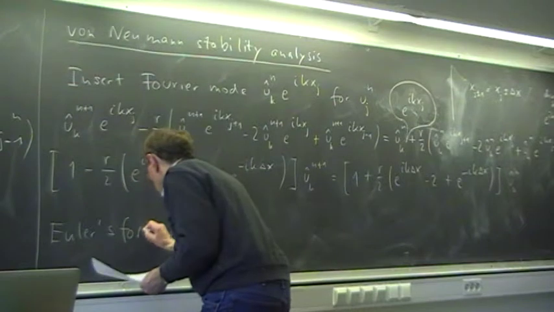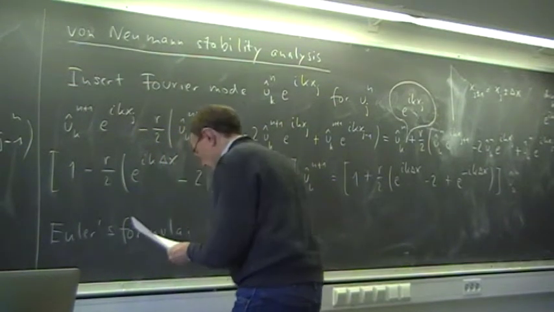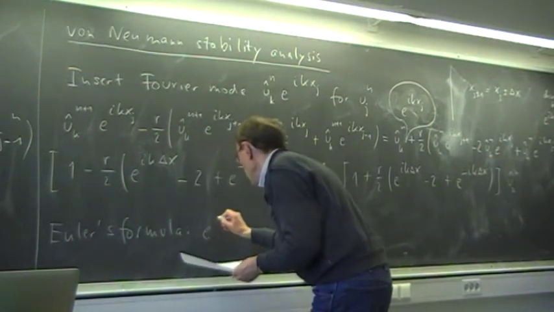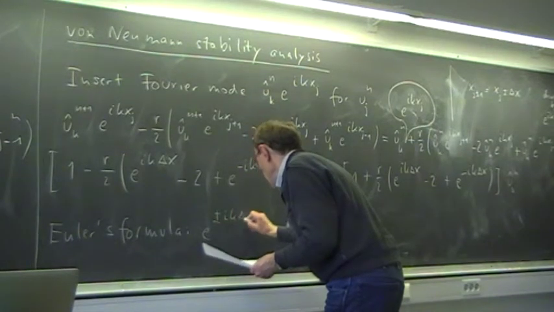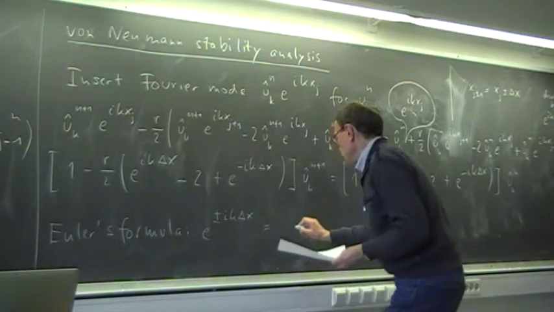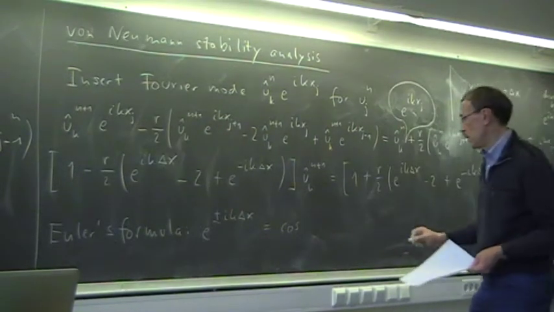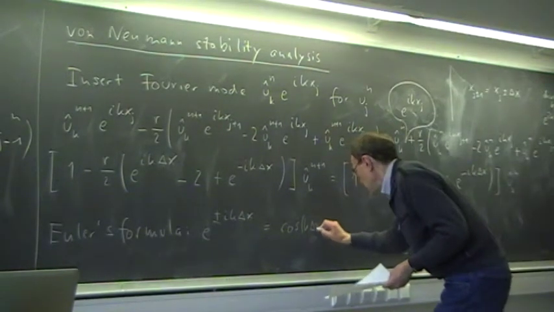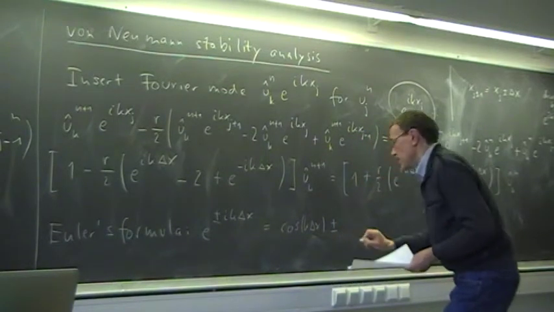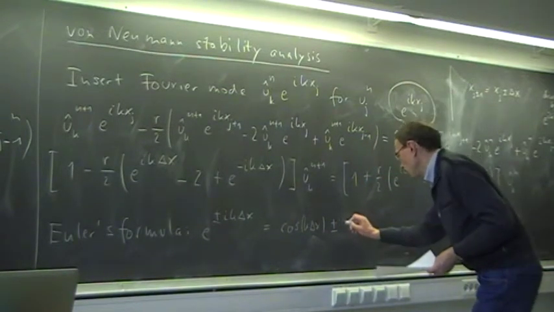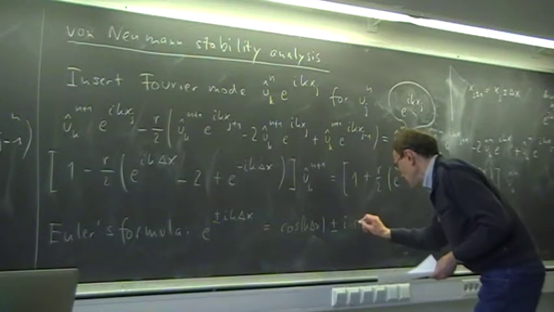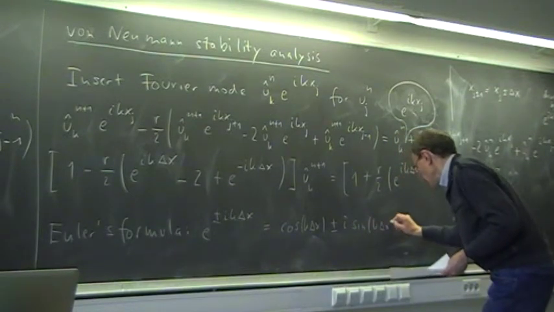Euler's formula gives us that e^(±ik delta x) is equal to the cosine of k delta x, and for the cosine the plus and minus doesn't matter, but for the sine it matters, plus or minus the imaginary unit i times sine of k delta x.